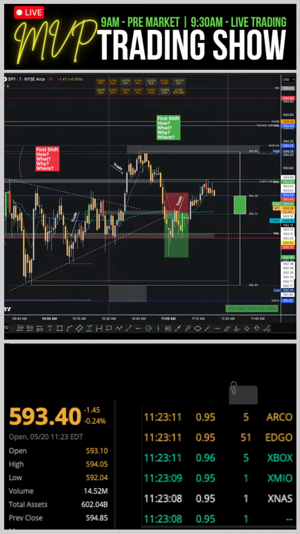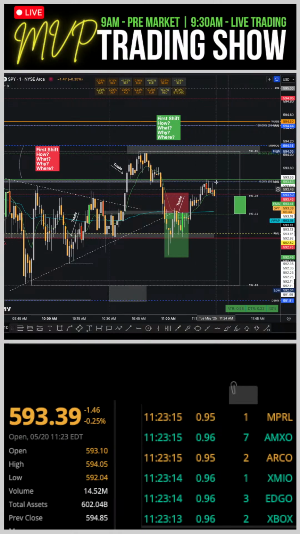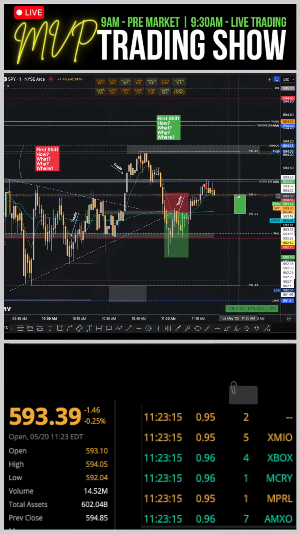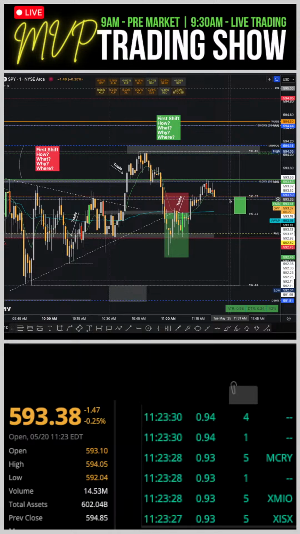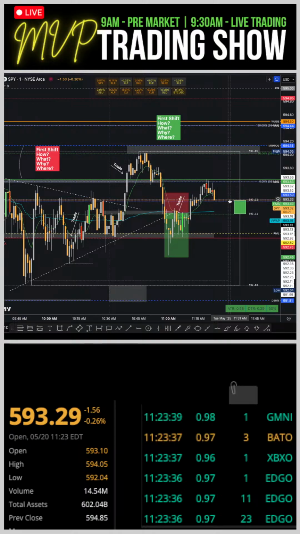If we can bounce here on the VIX, nice bounce. We'll probably continue this rejection back into that daily open, further verifying that doji. Okay, nice rejection there.